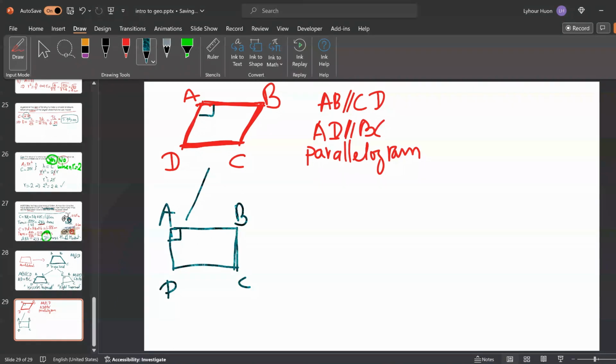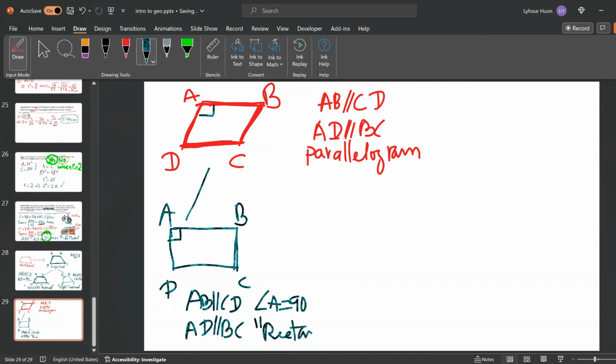A rectangle. Yes, that is a rectangle. So AB parallel to CD, also AD parallel to BC, plus the condition that angle A is 90 degrees. This will be called a rectangle.